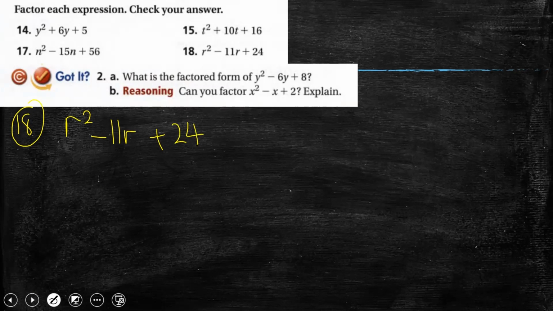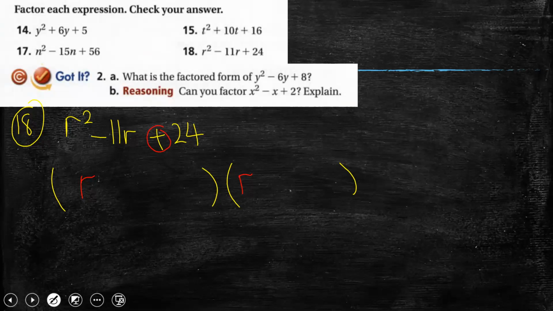We say that if you want to factorize any trinomial, the first step is to open two brackets. Then after that, I will look at the variable. Which variable do I have here? I have the variable r. So I will put one r here and the second r in the second bracket. Then after that, I will look at the sign of the c.